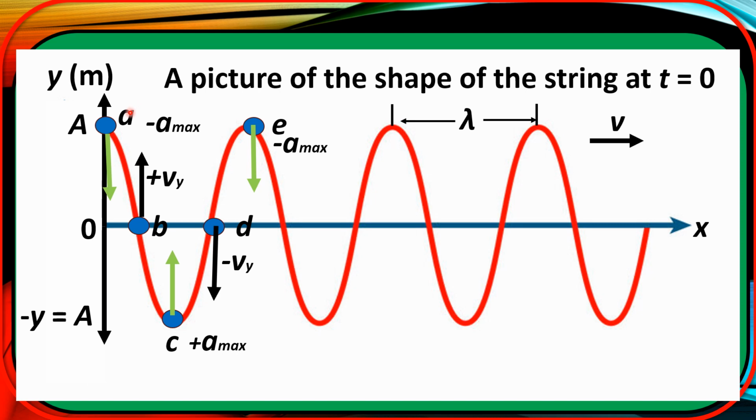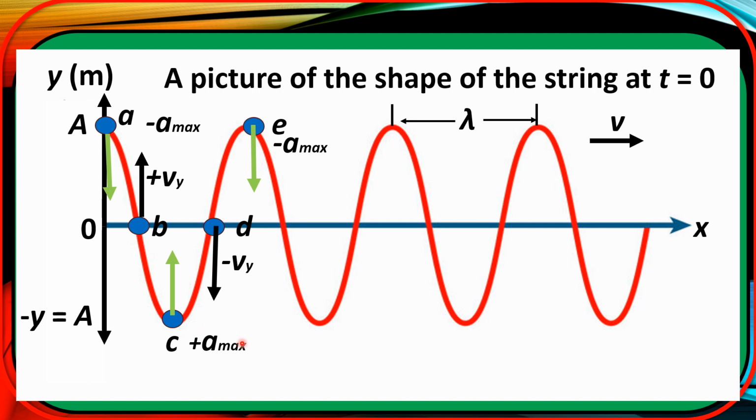Acceleration is negative for a positive displacement, just like particles A and E. And the transverse acceleration is positive for a negative y displacement, just like particle C.